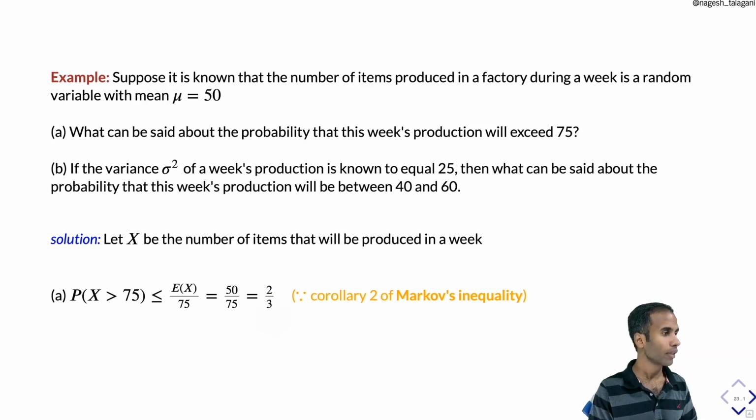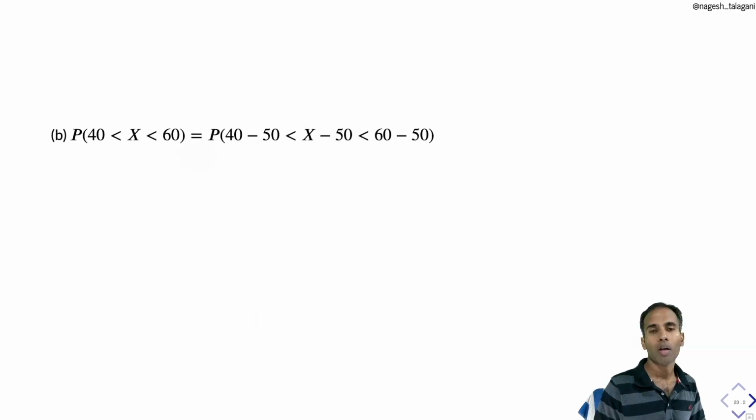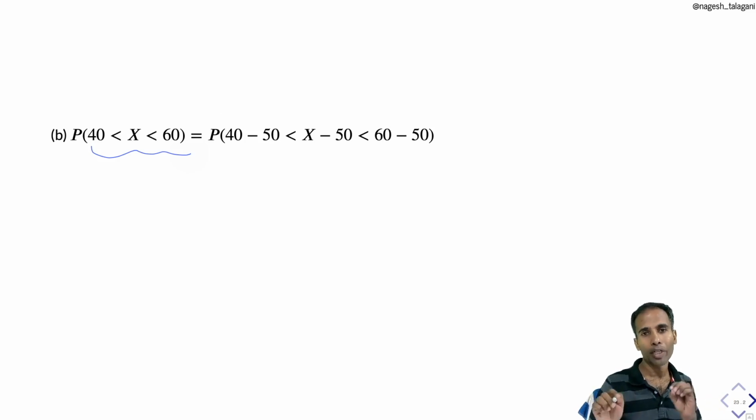Let me clear this. Next, question B: what can be said about the probability of the week's production between 40 and 60? That is, the probability of x between 40 and 60. We're going to give a lower bound for this probability using Chebyshev's inequality. First, let us rewrite this event in appropriate form so that we can apply Chebyshev's inequality.